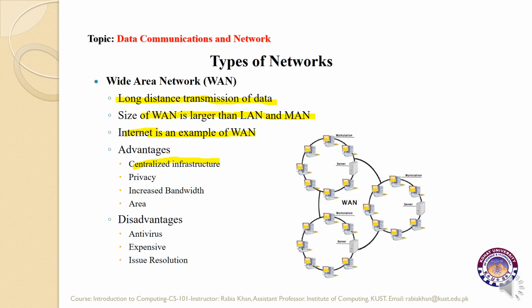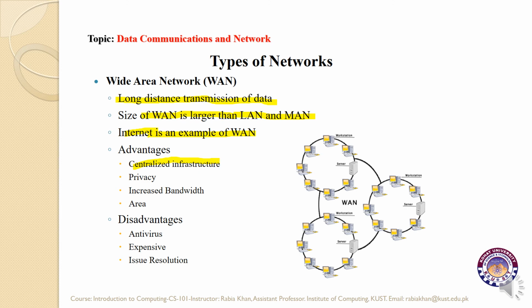So you do not need to store your data on every computer. Instead, data is stored in a centralized location, from where you can easily access your data. For example, your emails are stored in a centralized location, so whenever you connect to your email, your emails are received from that particular computer.